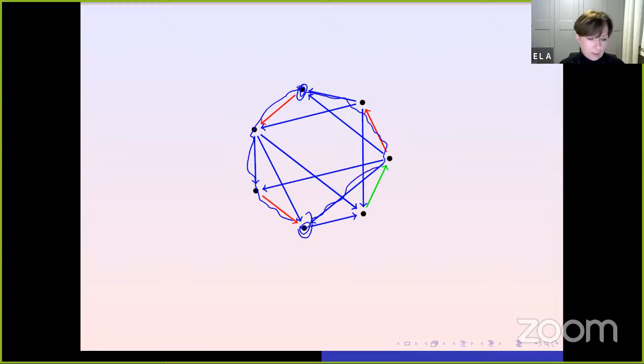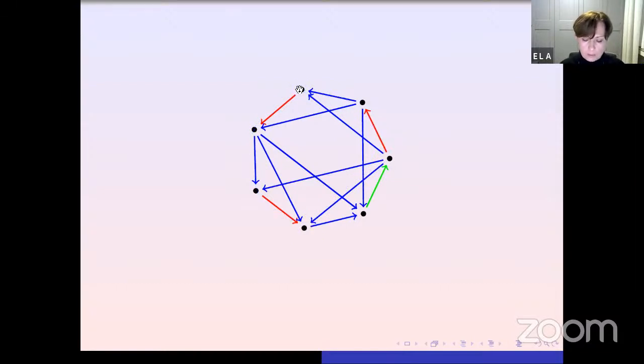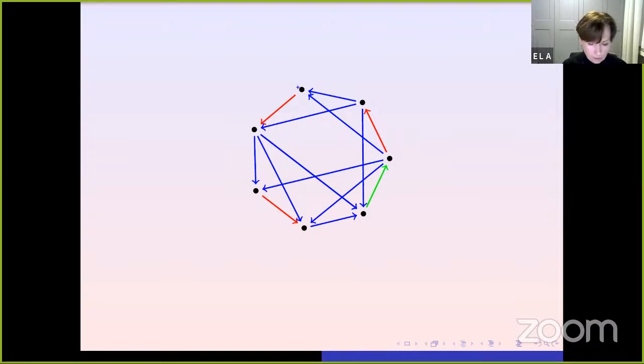So if we check this, we can observe that every two vertices are connected by a properly colored path. But we can say more about this digraph. If we consider this cycle which is outside, which contains all vertices, then we can observe that we can find a properly colored path going through the arcs of this cycle.